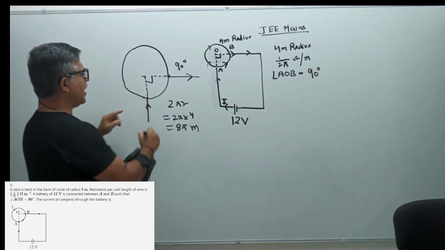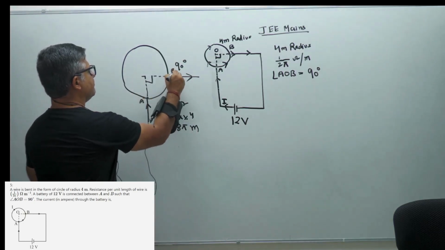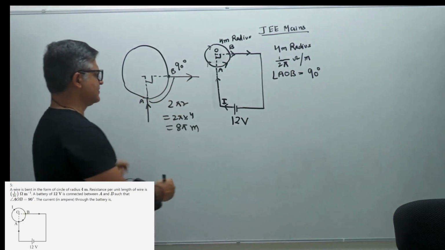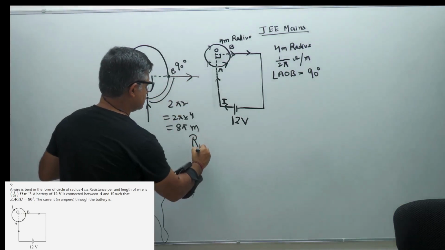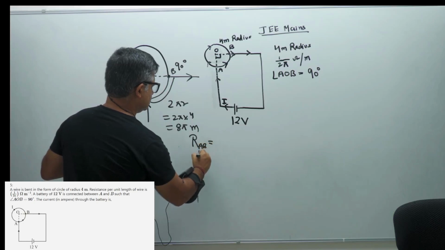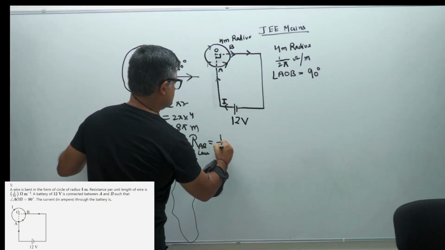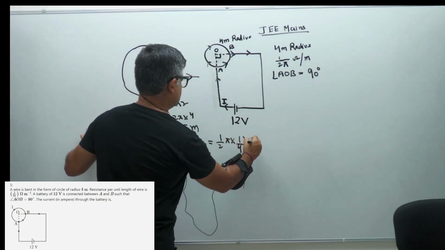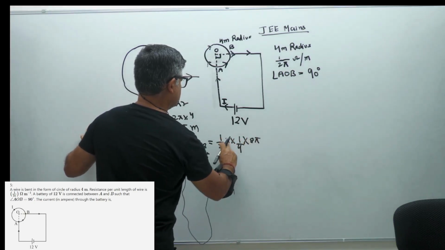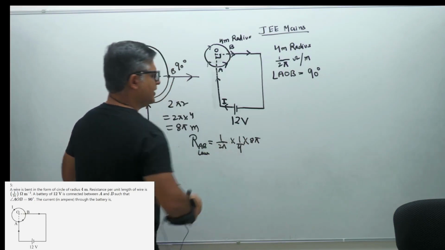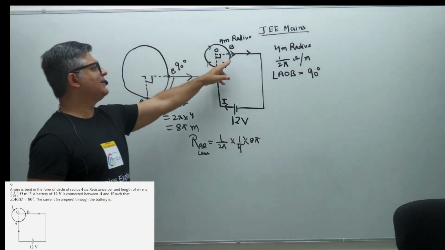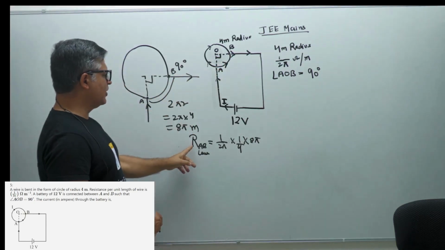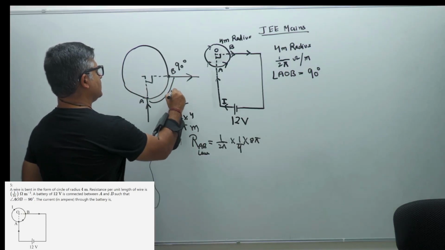If you notice the lower arc, which is AB, what is the resistance? Because this angle is 90 degrees, the lower arc is 1/4 of the total wire length. So I have calculated the resistance of the lower arc.